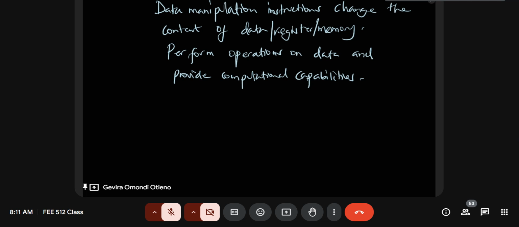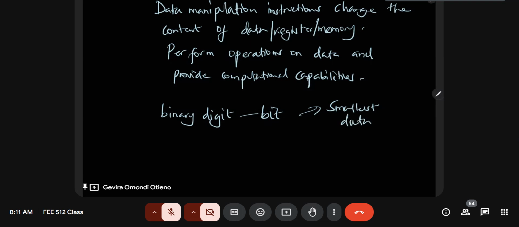So we look at the different techniques in which we can manipulate lots of information. We know from our digital electronics that a binary digit is the basic building block of any data. This is the smallest data. We call it a bit or a binary digit.